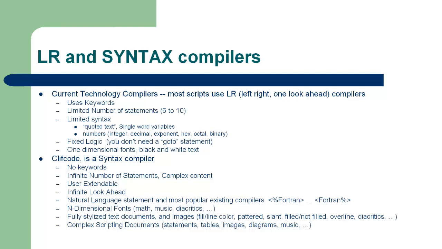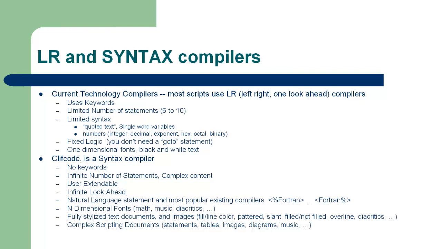Let me look for another statement that applies. Generally, we know how to optimize our statements. We can put in special characters just to make it easier to do. And we can also include our existing compiler. Here starts Fortran, here ends Fortran. Cliff Code already has all the statements, all the declarations, everything that every other compiler has.